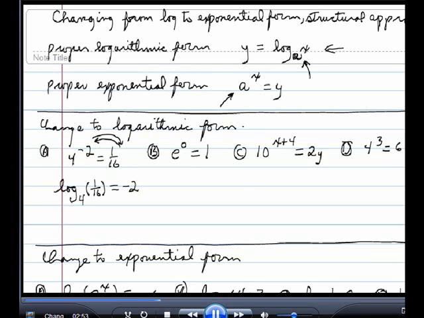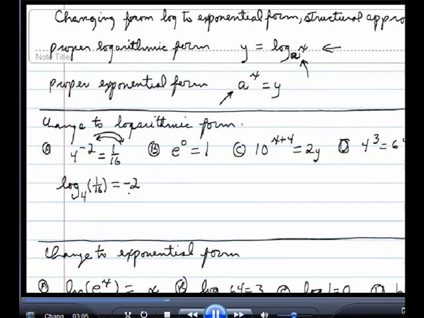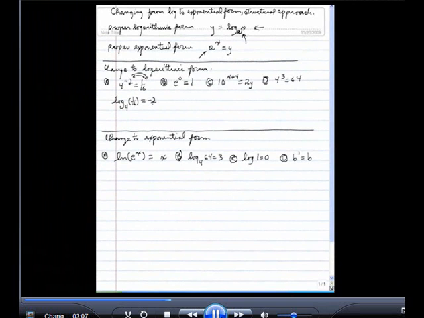If you watch the podcast on the verbal approach, this would say the exponent of 4 that gives you 1/16 is -2, or another way is to read it from right to left, -2 is the exponent of 4. But all you have to do is drop the base down, write the word log in front of it, and then interchange the 1/16 and the -2.